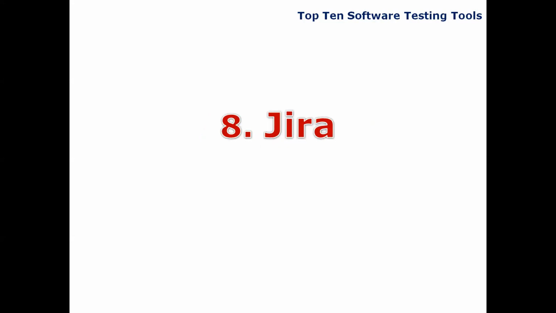Next, SoapUI. SoapUI is a popular open source testing tool. It is the most widely used automation tool for testing web services and web APIs of SOAP and REST interfaces. Next, Jira.